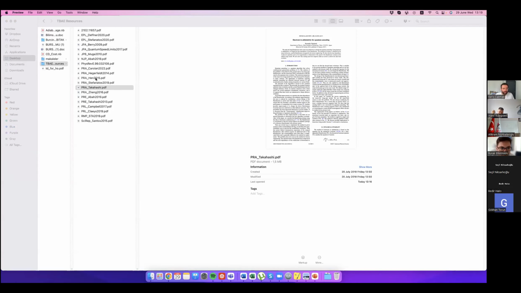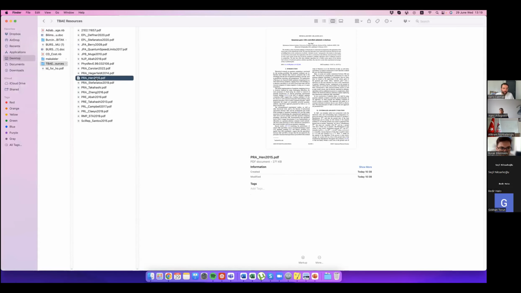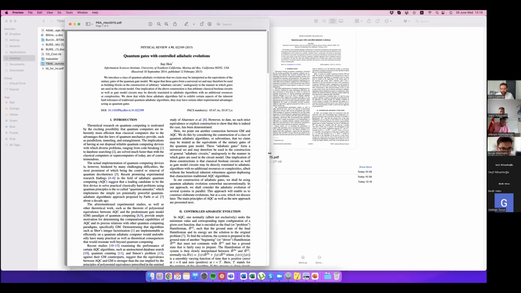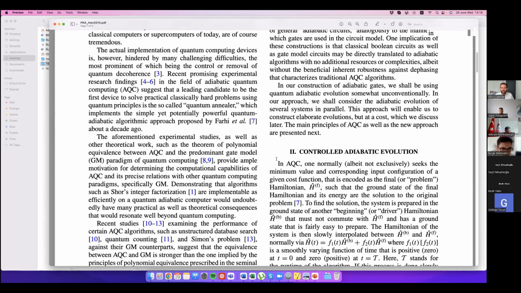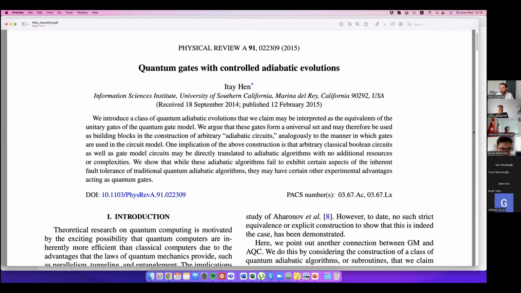So while we are talking about quantum computing, I can talk about this paper also. This is another application of shortcut methods.